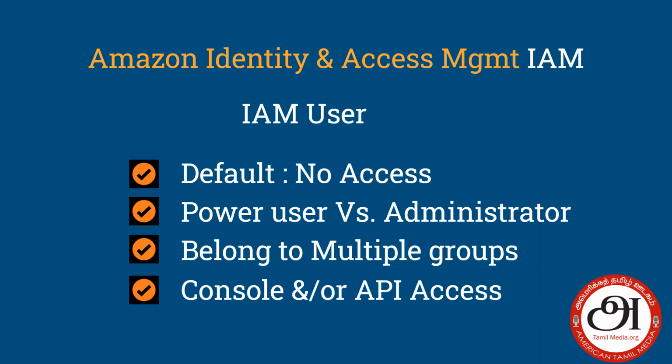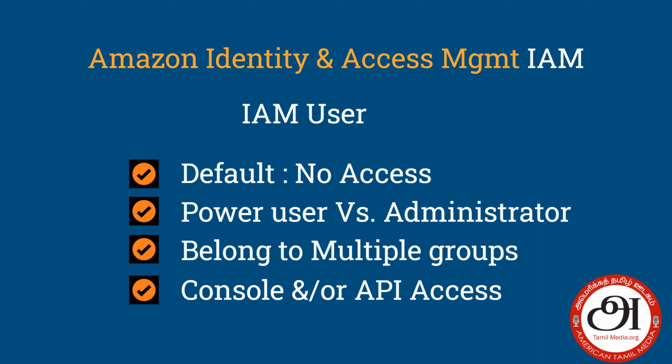And one IAM user can belong to multiple groups. You can be a developer, you can be an administrator, you can be a DBA, right? You can be a web admin, whatever. And the user, depending on how the user is configured, can use the AWS resources through the console, right? console.aws.amazon.com. That's a web interface.